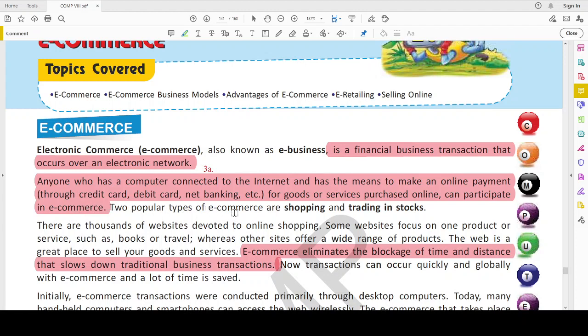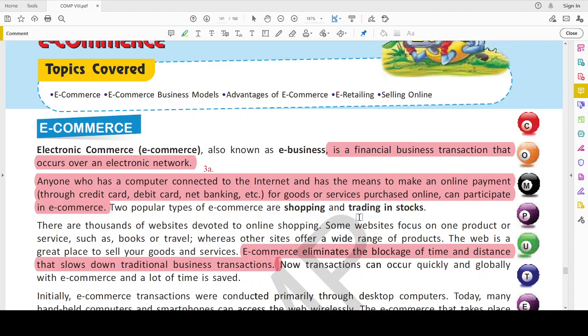Two popular types of e-commerce are shopping and trading in stocks. So what is shopping? And some people also purchase shares. They also purchase the shares of different companies, and they trade in stock markets.